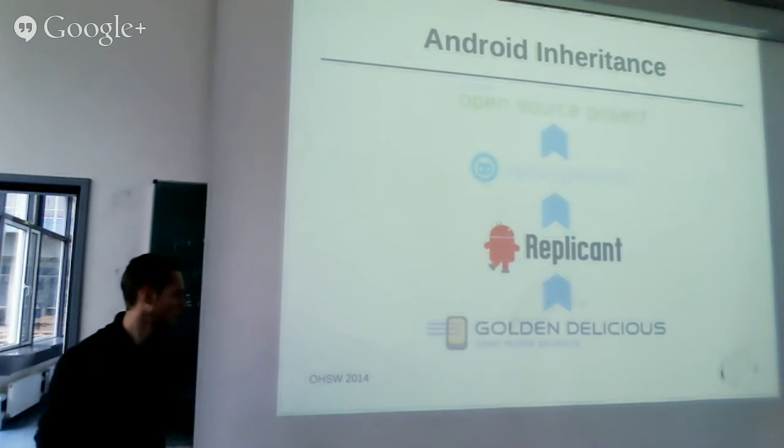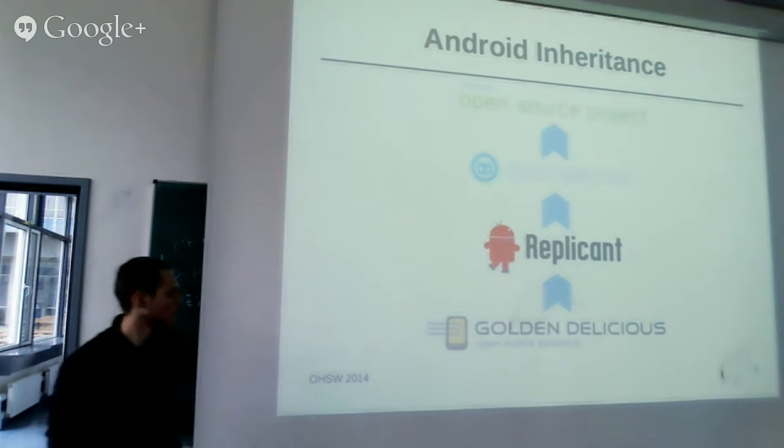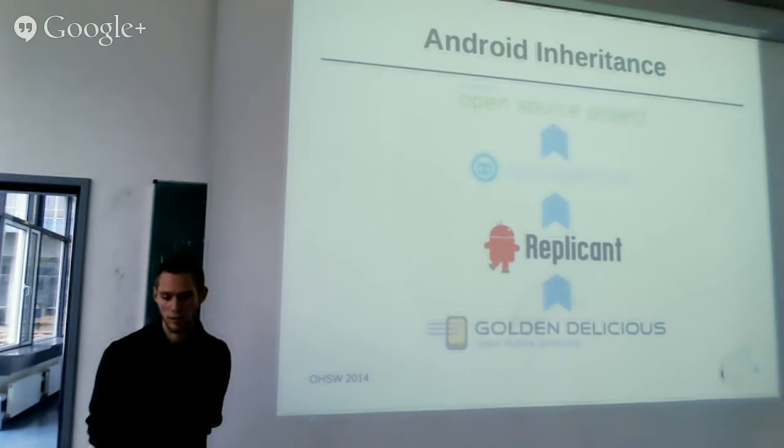Now the Goldelico version, we take most of the sources of the Replicant project, but we add some of our own repositories in order to add the parts which are needed to make it run on the GTA04.